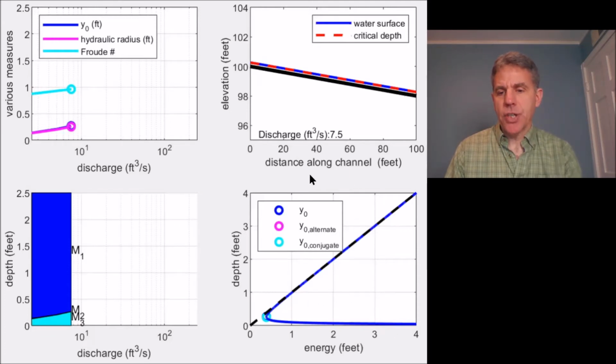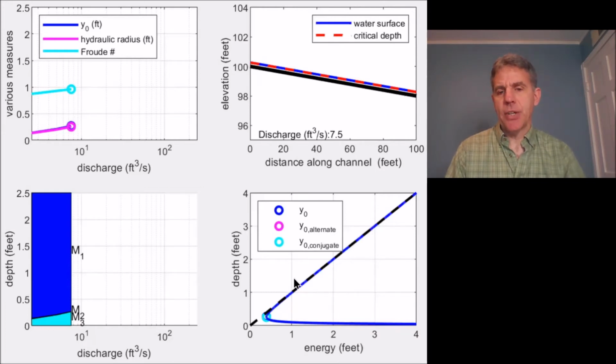Finally, we have the energy depth diagram, or EY diagram, and we're plotting three quantities: the normal depth, Y naught, the alternate to normal depth, Y naught alternate, and then the conjugate to the normal depth, Y naught conjugate.